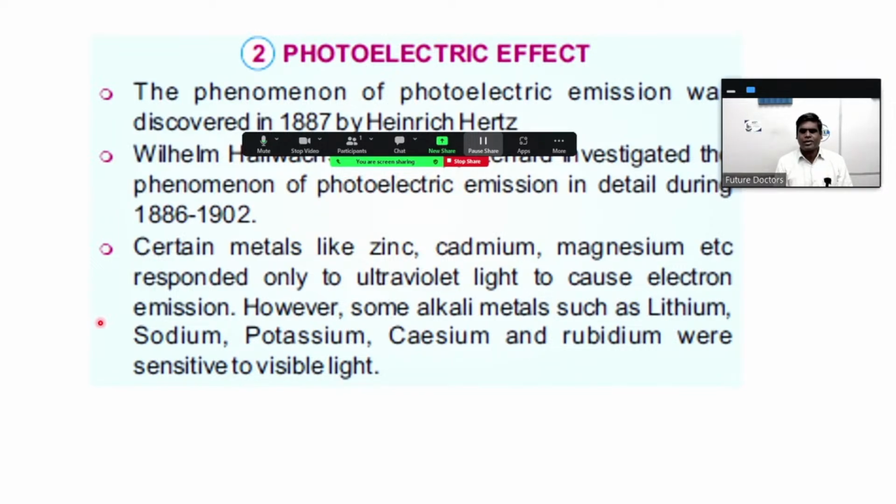However, some alkali metals like lithium, sodium, potassium, cesium, rubidium, etc. are sensitive to visible light. It means when visible light is illuminated on these materials, they emit electrons that we call photoelectrons.